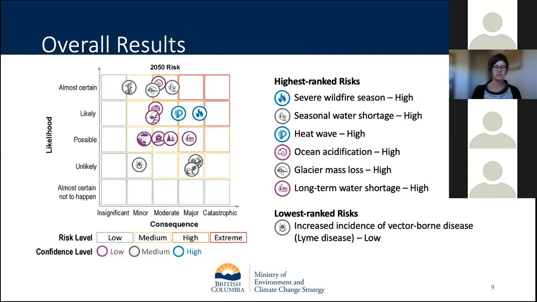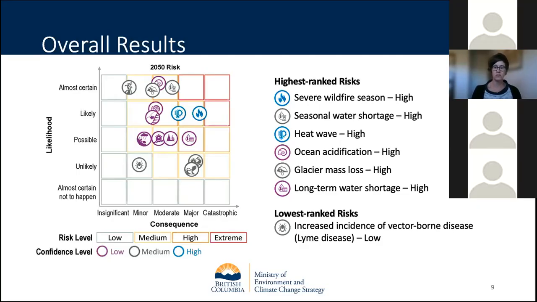Our highest overall risks were severe wildfire season, seasonal water shortage, heat wave, ocean acidification, glacier mass loss, and long-term water shortage. For us, most of these results weren't surprising. We were expecting to see high risk of future wildfire and water shortage and flooding events in the future.